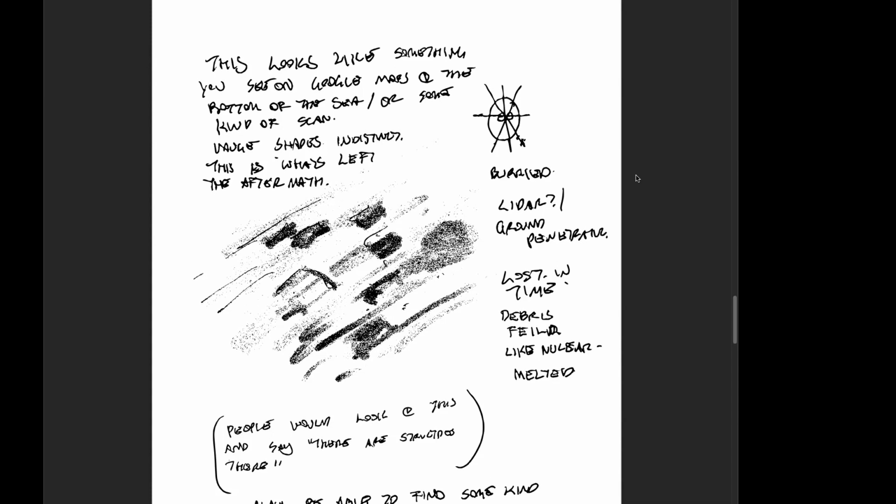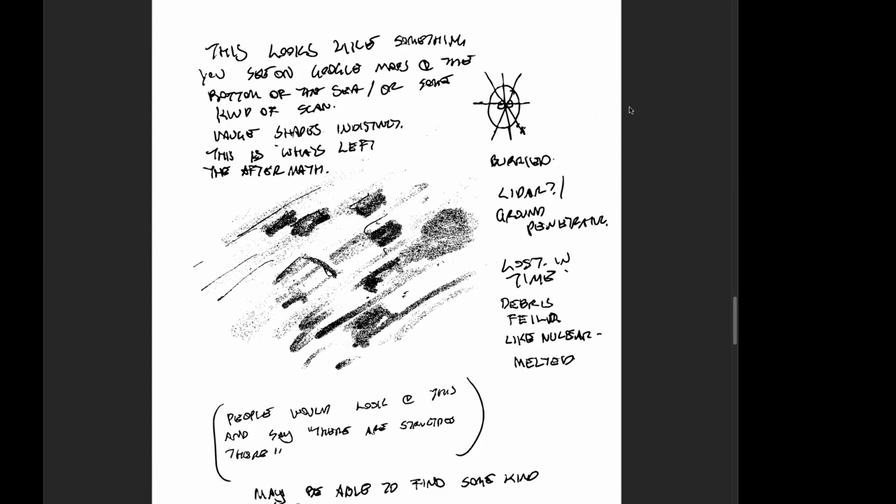People would look at this and say, like, on the internet, you would see people looking at these type of scans and saying, there were structures there. So my sense is that they may be able to find some kind of remains or structures in association with this event, maybe in the future.